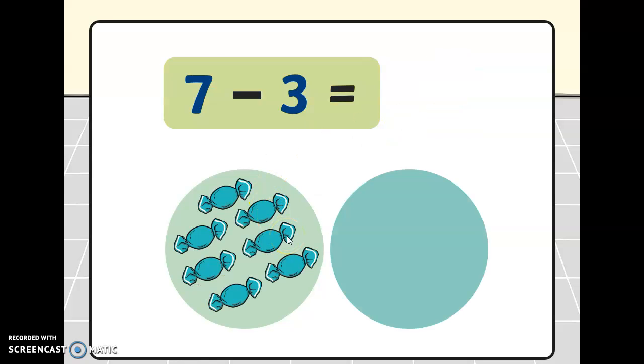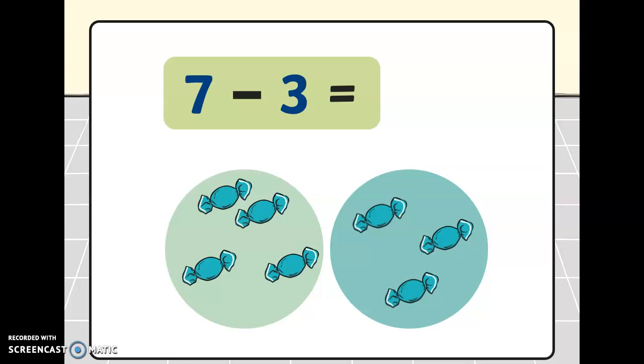Okay, this time we have got 7 sweeties and we need to take away 3. So put 7 fingers up. Remember, we've got 5 on one hand. 5, 6, 7. Have you all got 7 fingers up like me? Now I'd like you to take away 3 fingers. 1, 2, 3. Let's take away 3 sweeties as well.